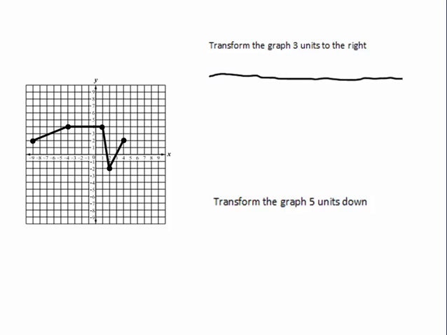I'm going to have old here, and we're going to put the coordinate points for each one as the old. If we're graphing 3 units to the right, we're moving each of these x values 3 units to the right. Are we messing with the y values? No. So here we're going to say x plus 3 comma y.